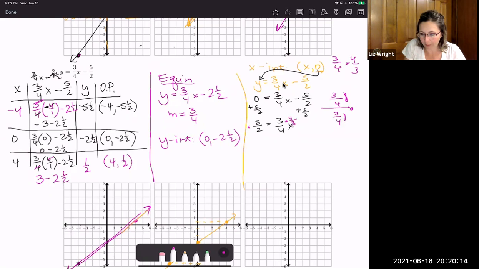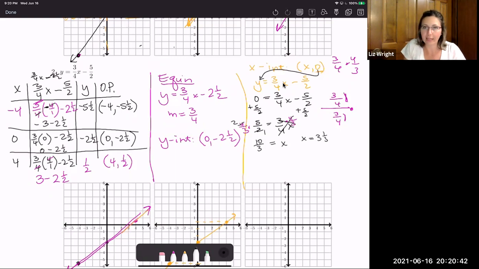So we're going to multiply both sides by 4/3. Then this cancels out. I'm going to go ahead and reduce the 2 here. So I'm going to end up with 10/3 equals x. Take 10 and divide it by 3, and that's going to give me x equals 3 1/3.